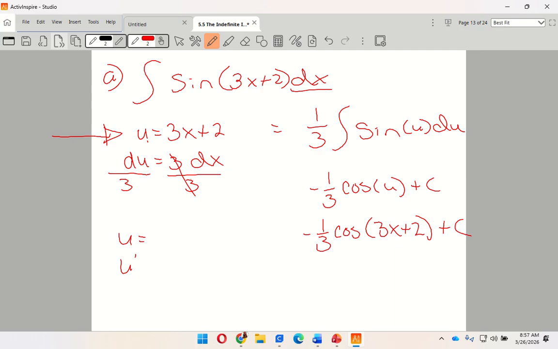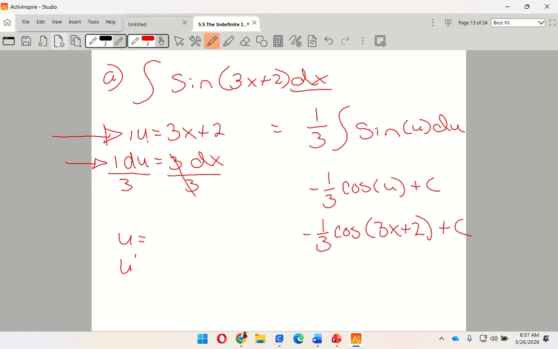For the sake of writing it out for my integral, it's the same thing. Okay, but shouldn't it just be 3? No. Right here, this is saying that I took the derivative of u in terms of u, so it's going to be 1/3 du, right? Because there's a 1 in front of that.